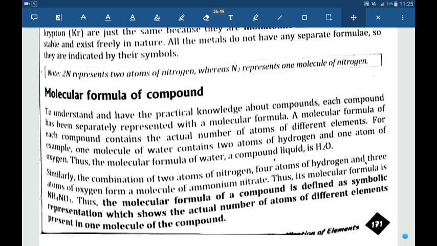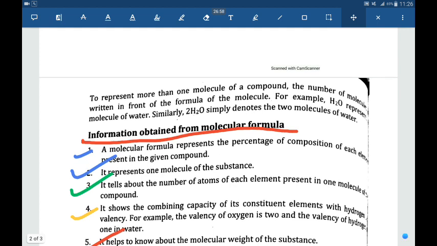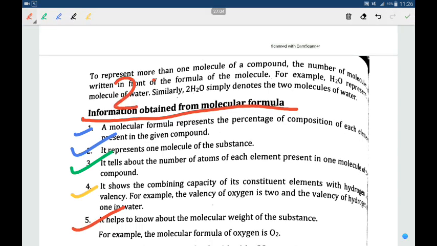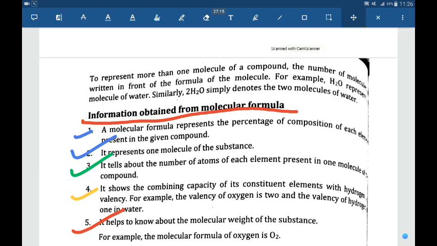Next question: what is the difference between 2N and N2? Remember? 2N and N2. Differences between. Write any 4 informations obtained from molecular formula.